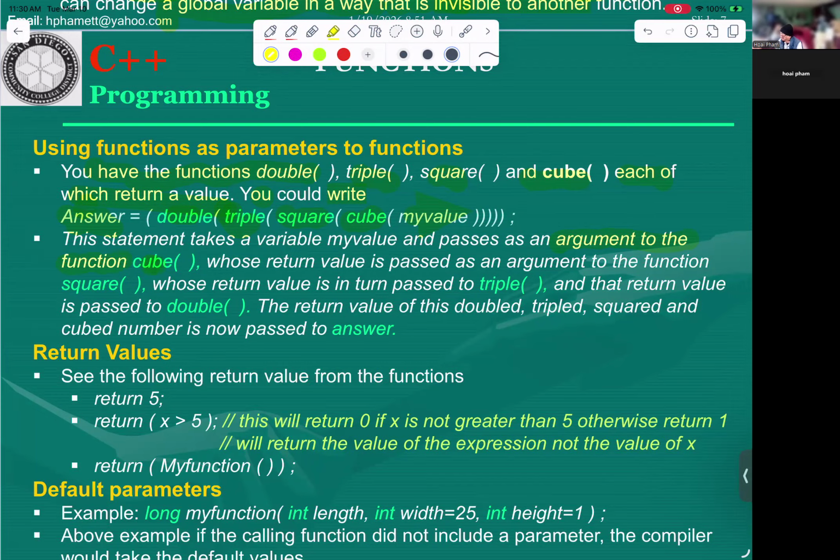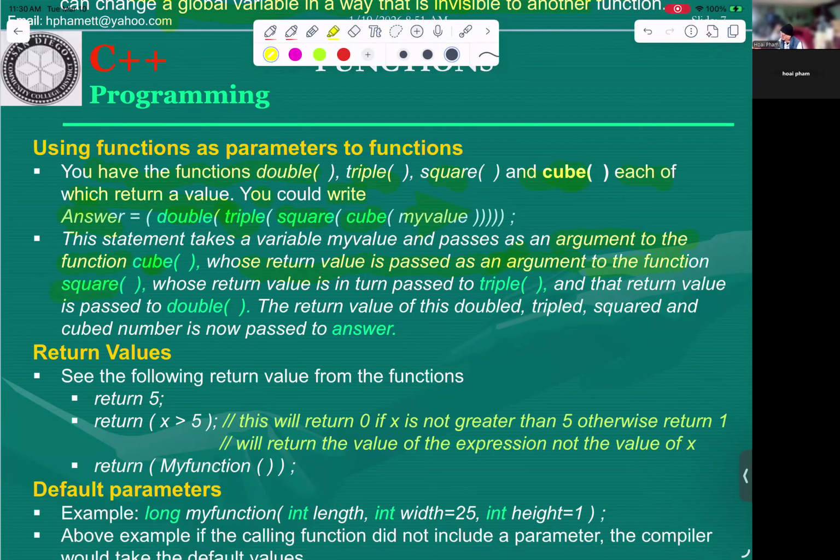That means the return value of cube is passed as an argument to the function square.